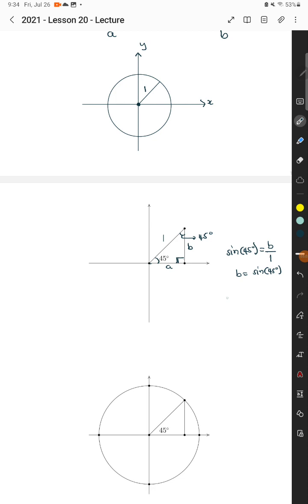And our adjacent, cosine of 45 degrees, is equal to adjacent, which is a, over our hypotenuse, which is 1. So our adjacent is equal to cosine of 45 degrees. Now, this tells us that the coordinates that make up this point are (a, b), but (a, b) is cosine of 45 degrees and sine of 45 degrees.